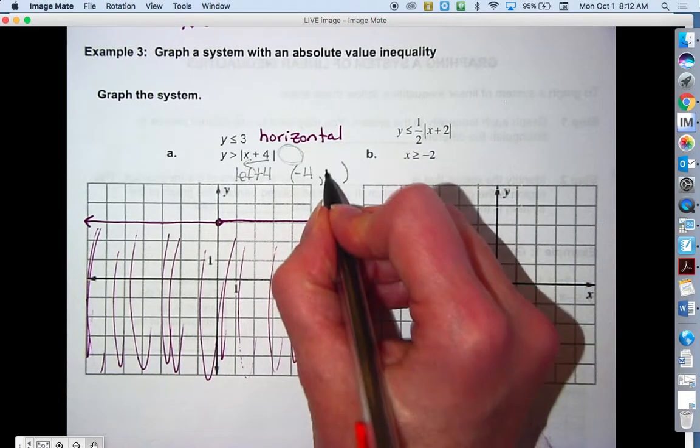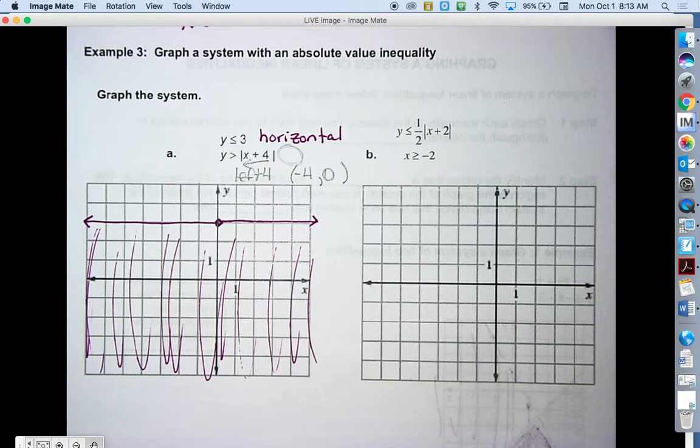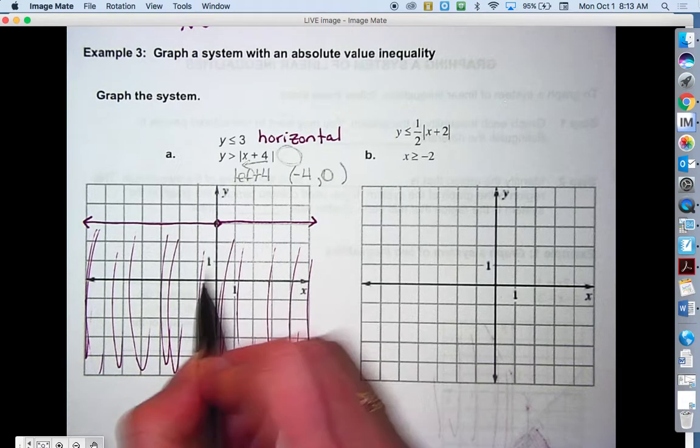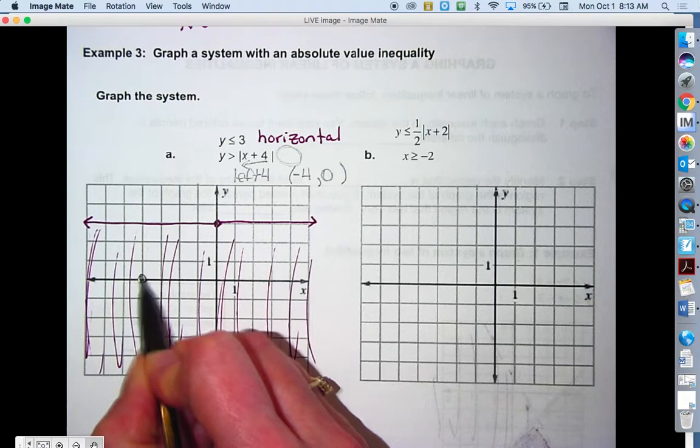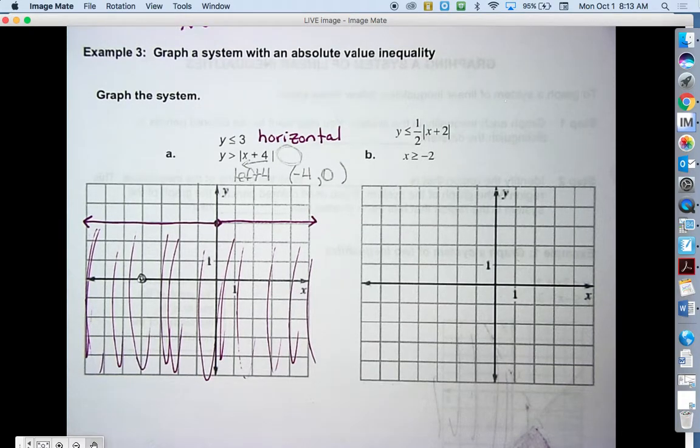No. So the graph is not moving up or down, so the vertex will be at -4, 0. So you're shifting left 4, but not moving up or down because there's nothing being added or subtracted outside of the absolute value. So you have a point on the x-axis at -4.